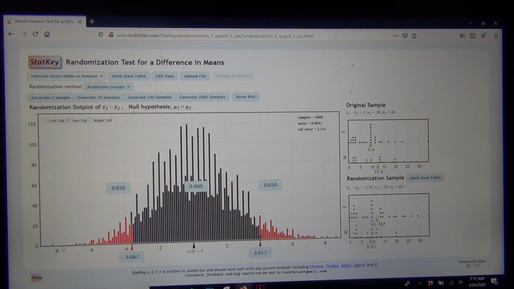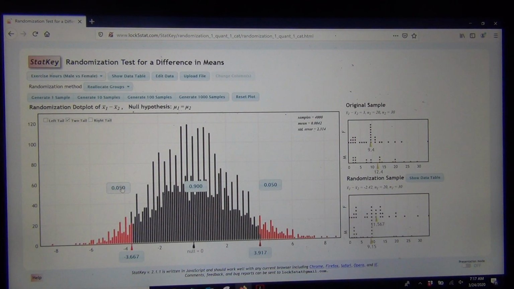In our case here, our 3 is not significant. It actually is in here. It's not in the tail. Remember, so this would tell us that the sample data does not significantly disagree with the null hypothesis. So the 3 hour difference between the sample means is not significantly different because it's not falling in the tail.